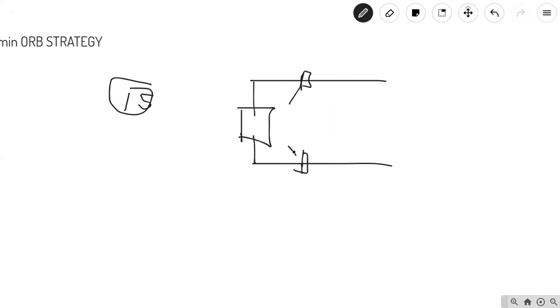And then we take the retest as our entry. Simple like that. Or we wait for the market to sweep liquidity, maybe only by wicks, and then we take the reversal towards the next point. Sweep the liquidity, and then we take the reversal. Simple like that.